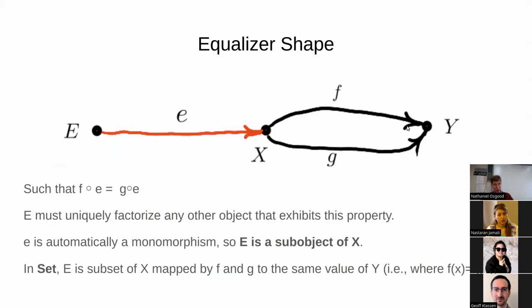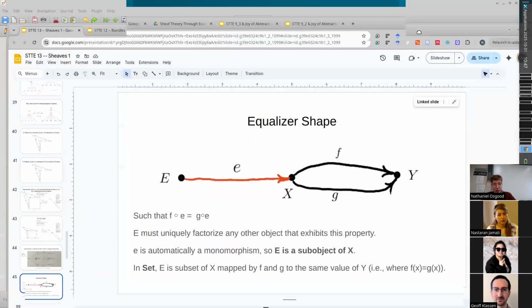Do you remember that? It's the subset of them for which this equals that. We actually did it up on the board at that time.